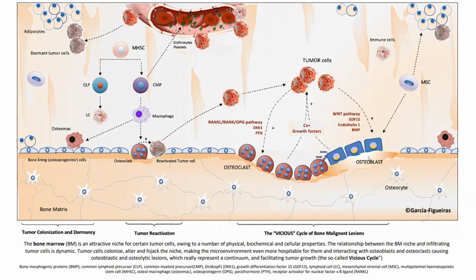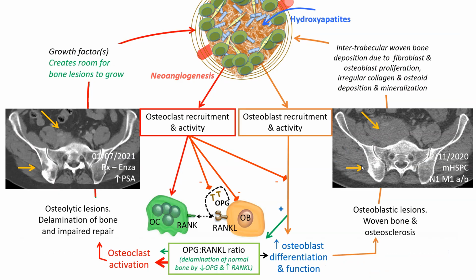Osteoblasts themselves lay down woven bone, and it is this woven bone that becomes mineralized with hydroxyapatite crystals, leading to this sclerotic appearance.